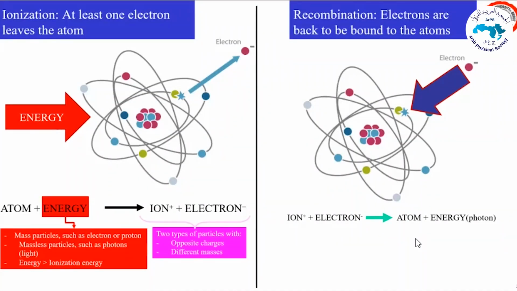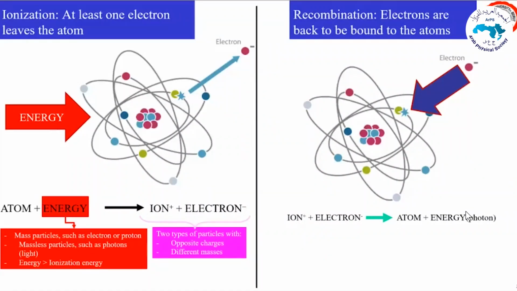Now, of course, we have what we call recombination, which is the natural tendency for electrons to come back to the ions and form neutral atoms. So you have an ion plus an electron, and it gives me an atom. Most probably this atom is in an excited state, so it will emit a photon to come back to its ground state.